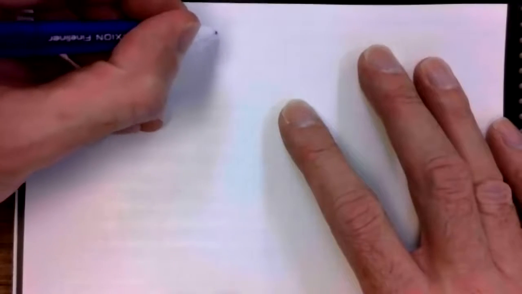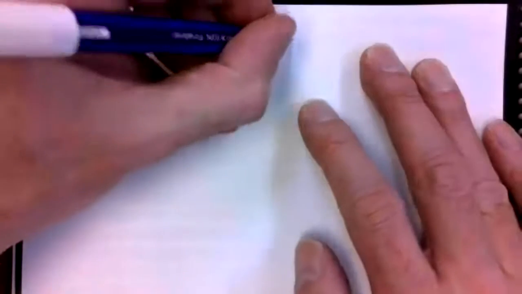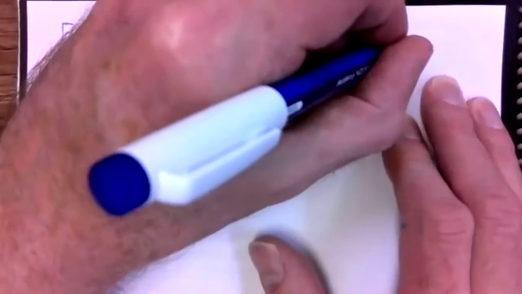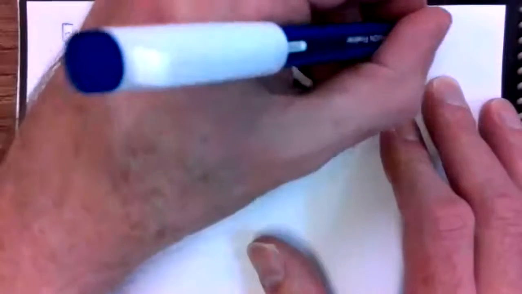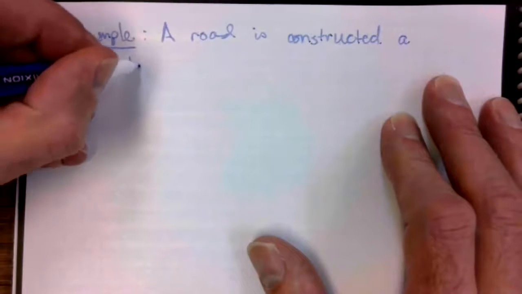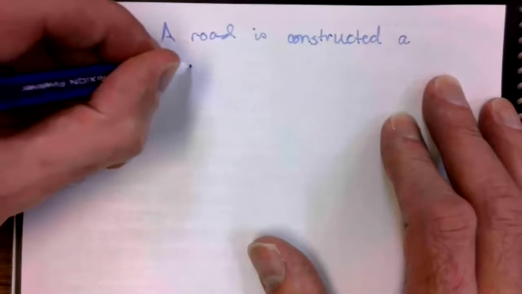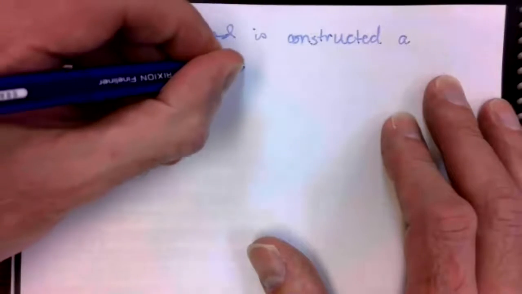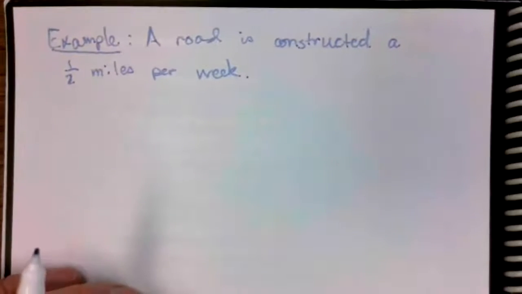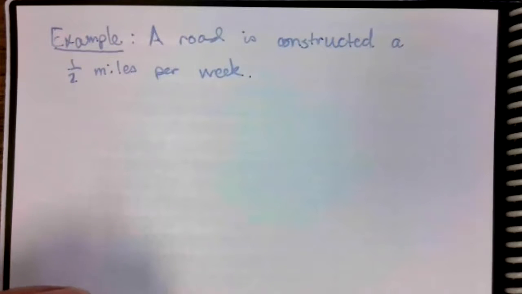Let's say a road is constructed at 1/2 miles per week. Okay. So they're building a road out there. The crew can make 1/2 mile of road every week.